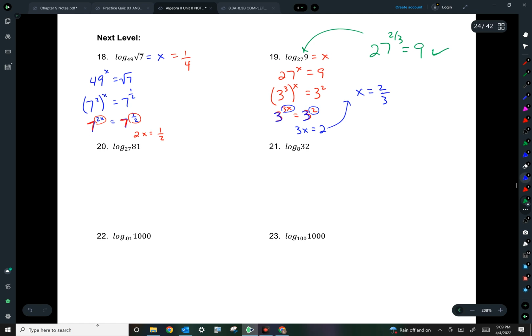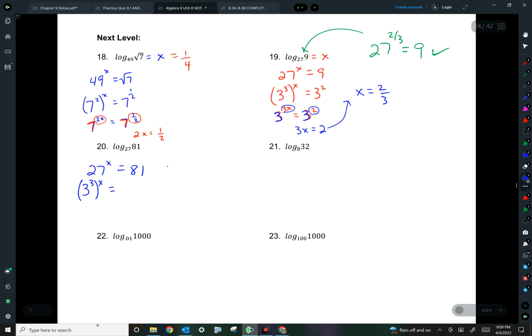Okay, look at number 20. So 27 to some power equals 81. What would equal 27 and 81 that has the same base? I know that 27 is 3 cubed, and that 27 is being raised to the x. Can I write 81 as a base of 3?